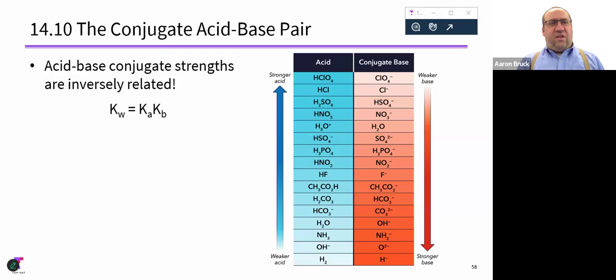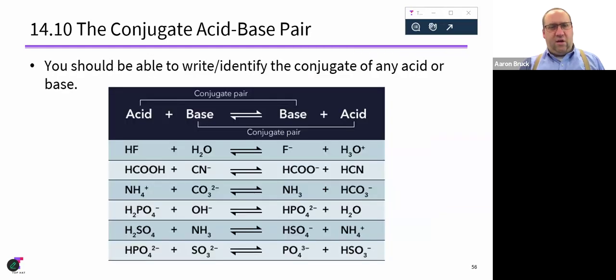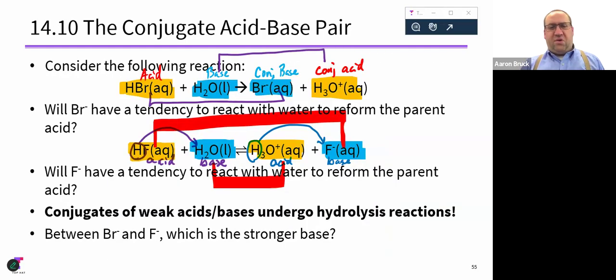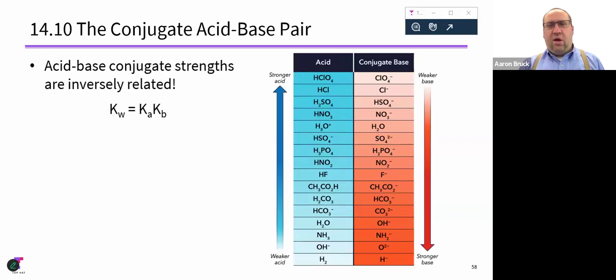Now, to go about answering the question here, which one is stronger, which one is weaker? Well, the answer to that question relies on the complementary nature of acid-base pairs. Acid-base pairs are inversely related in terms of their strength.